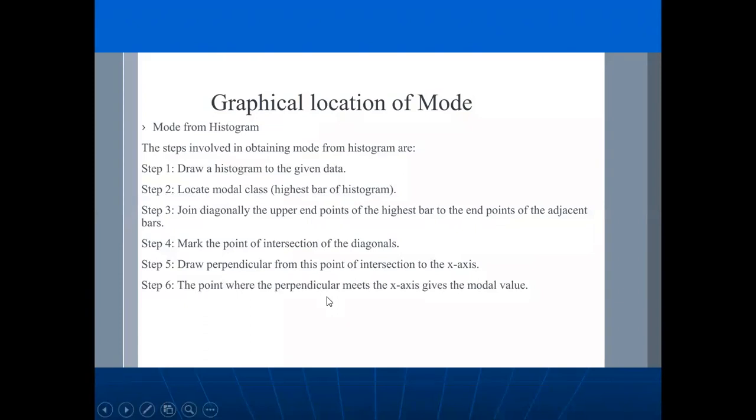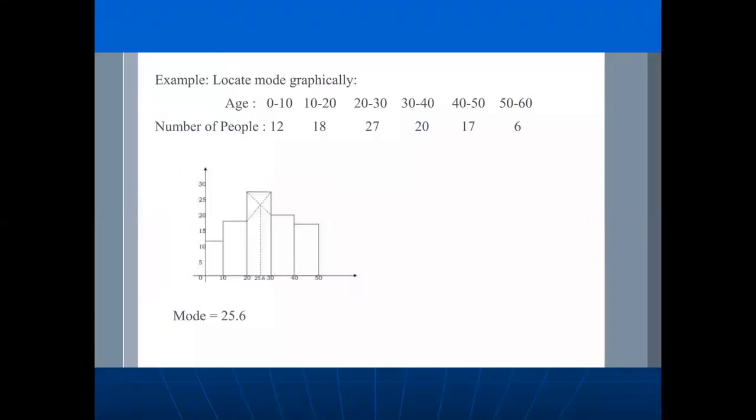So there is one final method of locating the mode, that is by using the histogram. A histogram is a type of bar graph where the bars are plotted without any spaces in between the bars. So you can see all the bars are clustered together without any space. Such a bar graph is called a histogram.